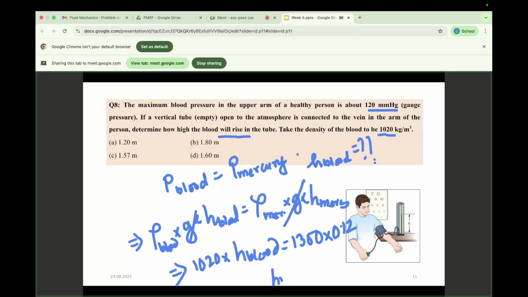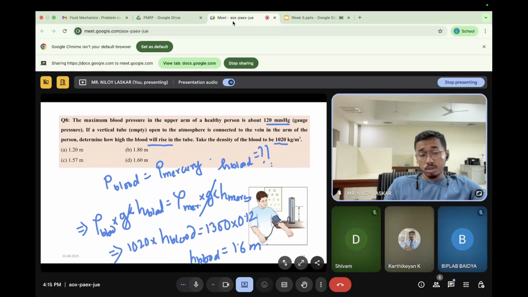So you will get H of blood. If you calculate H of blood, you will get 1.6 meter as the solution. So please check if you understand this concept or not, and let me know.